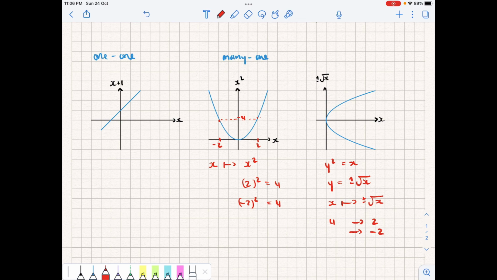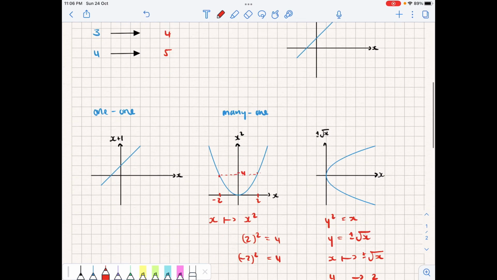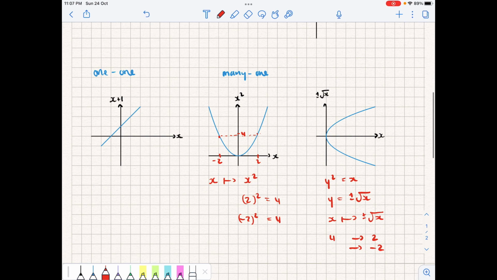So if we go back to our graph now and we look at this visually, if x was equal to 4, well, we could either have y equal to 2 or y equal to negative 2. And in this case, we can see that for a single input, we got multiple outputs. And we can call this a one-to-many function. Right? So we're mapping one input to multiple outputs.